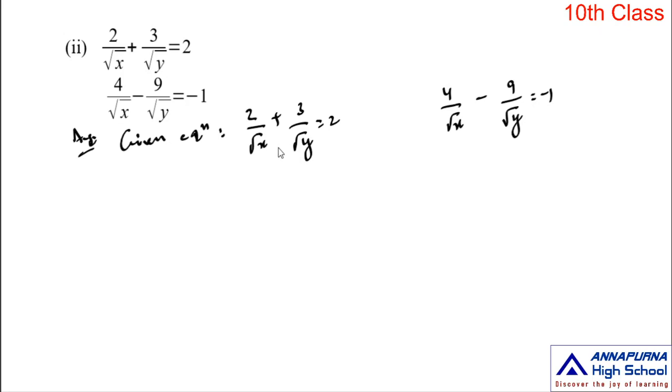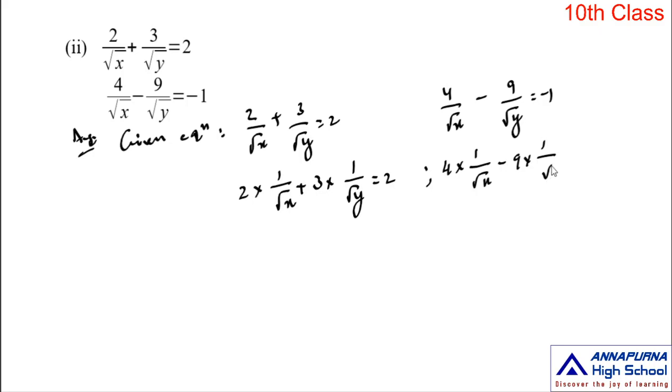For choosing the two values, express the two equations as 2 into 1 by root x plus 3 into 1 by root y is equal to 2, and the second equation, 4 into 1 by root x minus 9 into 1 by root y is equal to minus 1. Now observe the two equations. Which value are we taking as a? As usual, 1 by root x is equal to a.